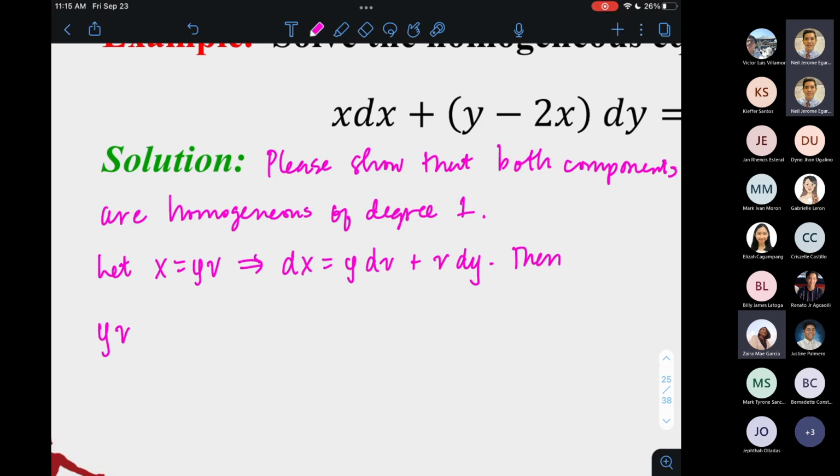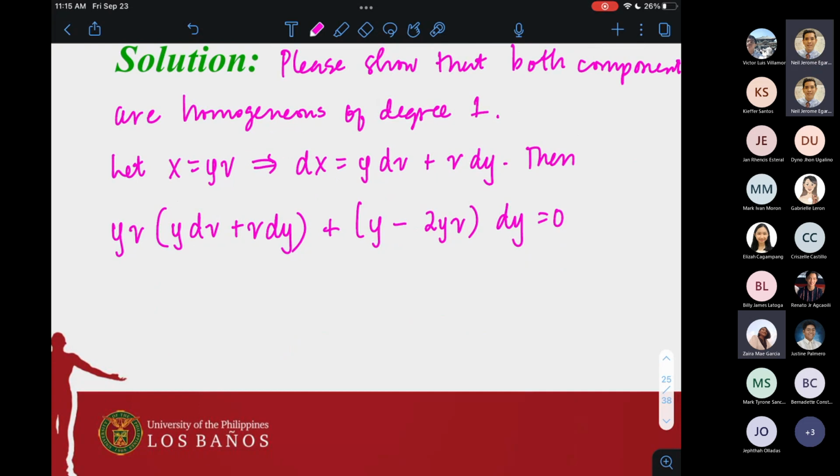We'll have yv times (y dv plus v dy) plus (y minus 2yv) times dy equals 0. Okay? So, ibig sabihin, we will have what? Okay, for the first term, we're going to have y squared v dv plus yv squared dy plus (y minus 2yv) dy equals 0.